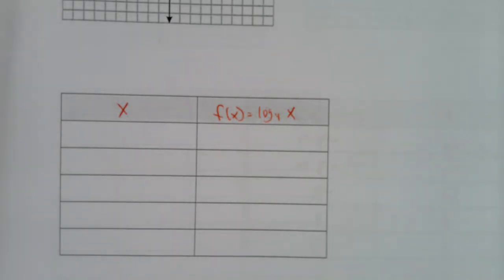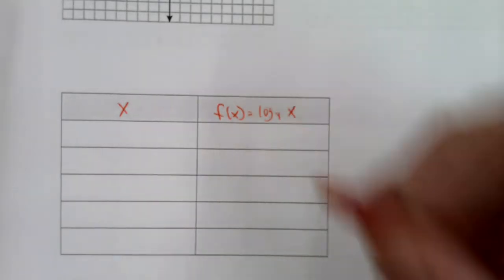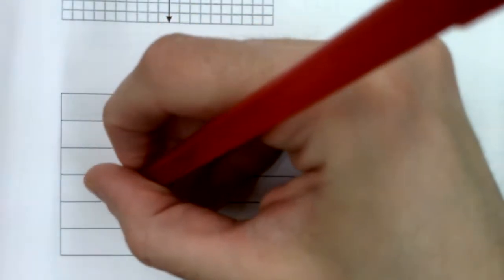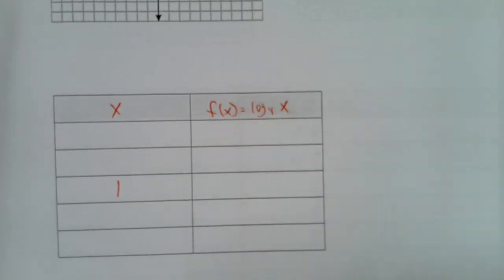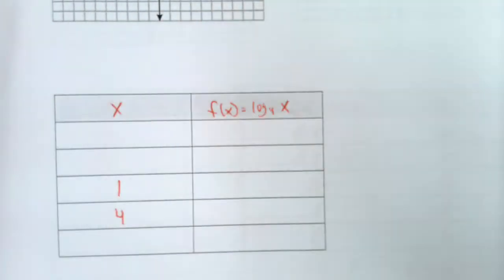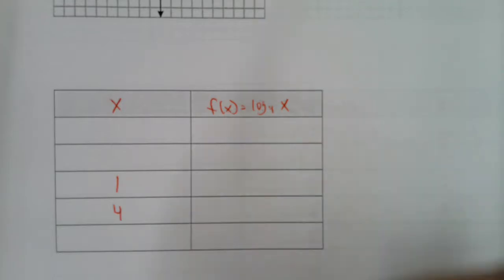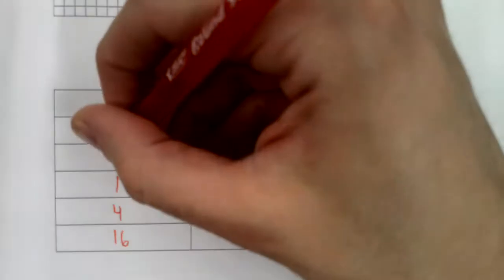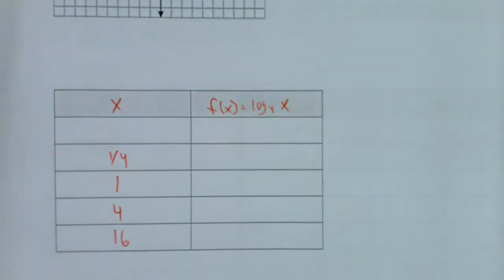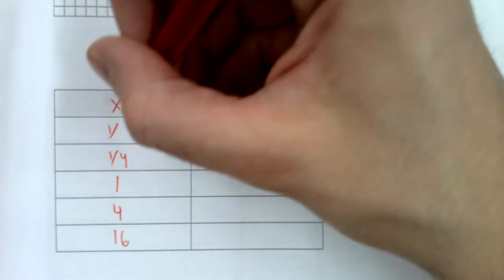In other words, I can easily do log base 4 of 1. I'll explain why in a minute. I can easily do log base 4 of 4. I can easily do log base 4 of 16. That's not going to fit on the graph, but that's okay. I can easily do log base 4 of 1/4, and I can easily do log base 4 of 1/16.